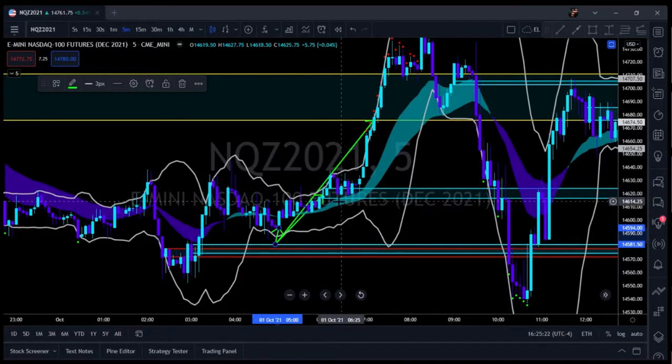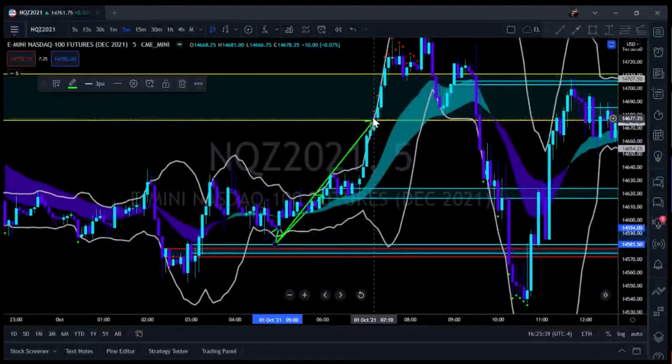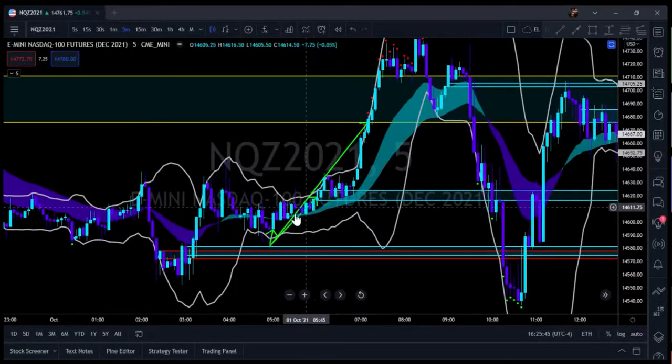So you don't really know what it's going to do. But right here, you knew kind of what it was going to do, because that should have been your support resistance level, in which it was. It broke resistance, came back into it, made it support, and took back off to that closing range.